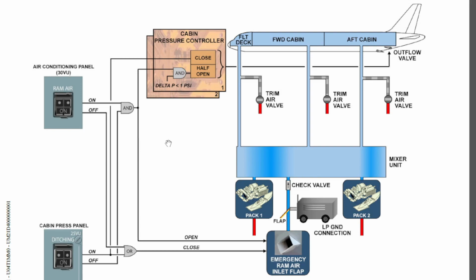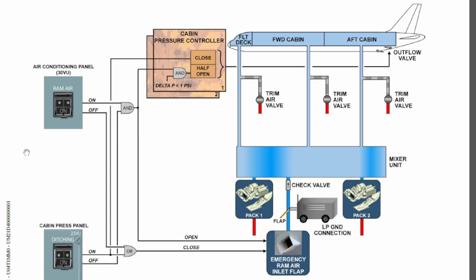So if we summarize, we can use the emergency ram inlet flap in case you have both pack failures or for smoke removal. How to do this? You switch on the ram air push button. At the same time, you have to ensure that the ditching push button is selected off.